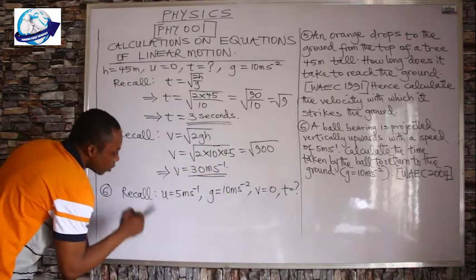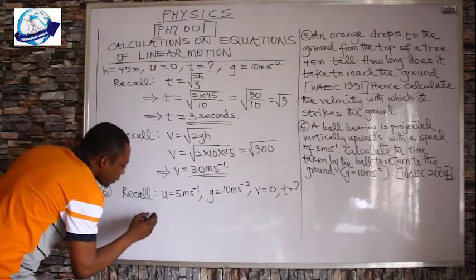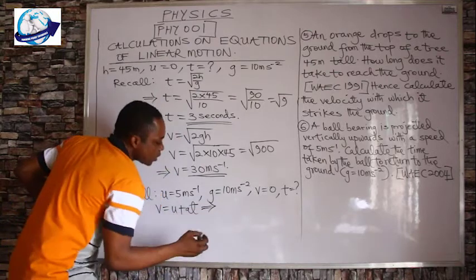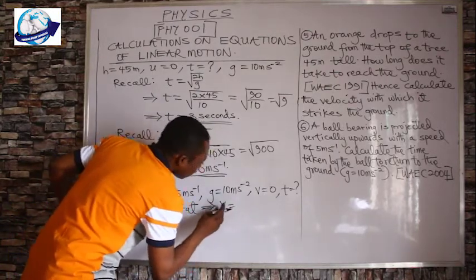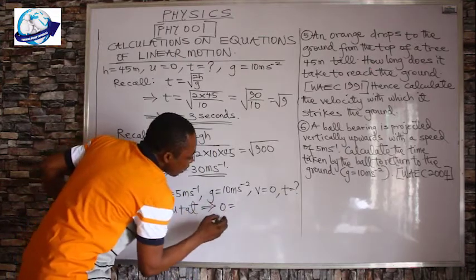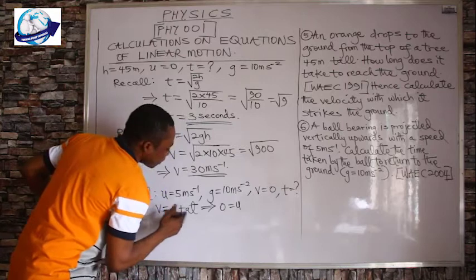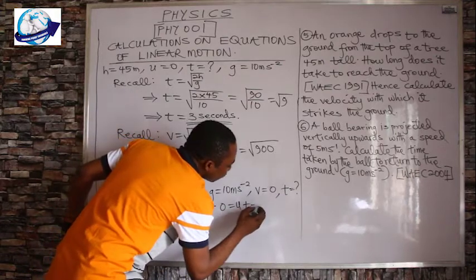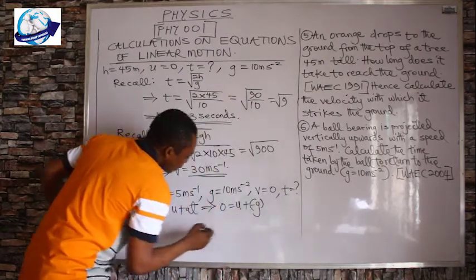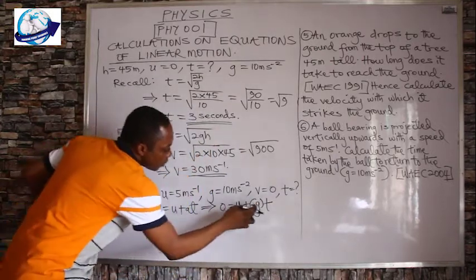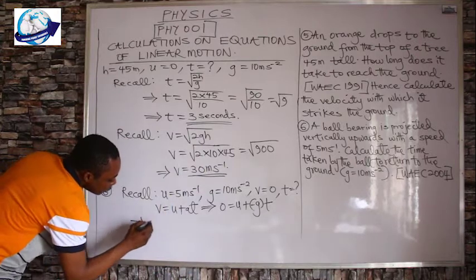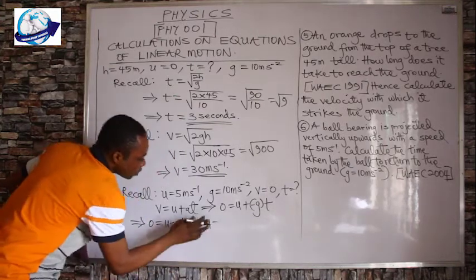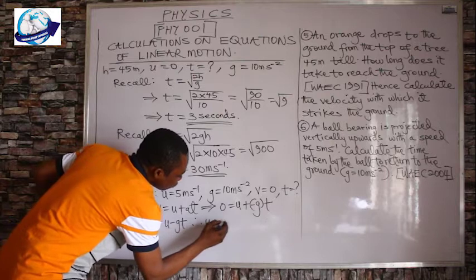Remember, v is equal to u plus at, which in vertical motion, at the maximum height where v is 0, becomes 0 equals u minus gt, because a changes to negative g as it is opposed to the direction of gravity. Therefore u is equal to gt.